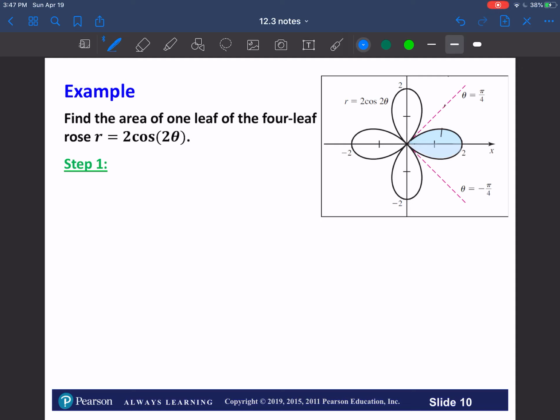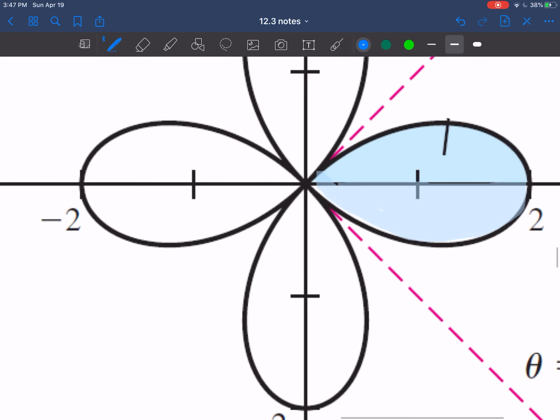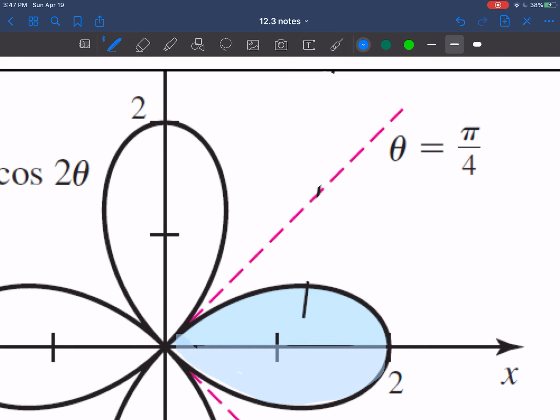So the first step in doing a problem like this is to find the angles where the radius is equal to 0. You'll notice, for example, at theta equals pi over 4, the radius is equal to 0, right?